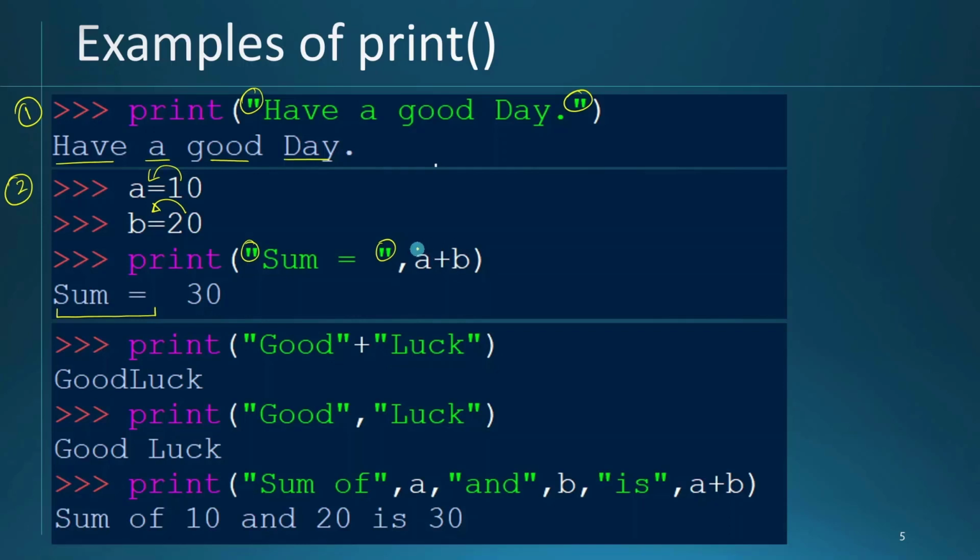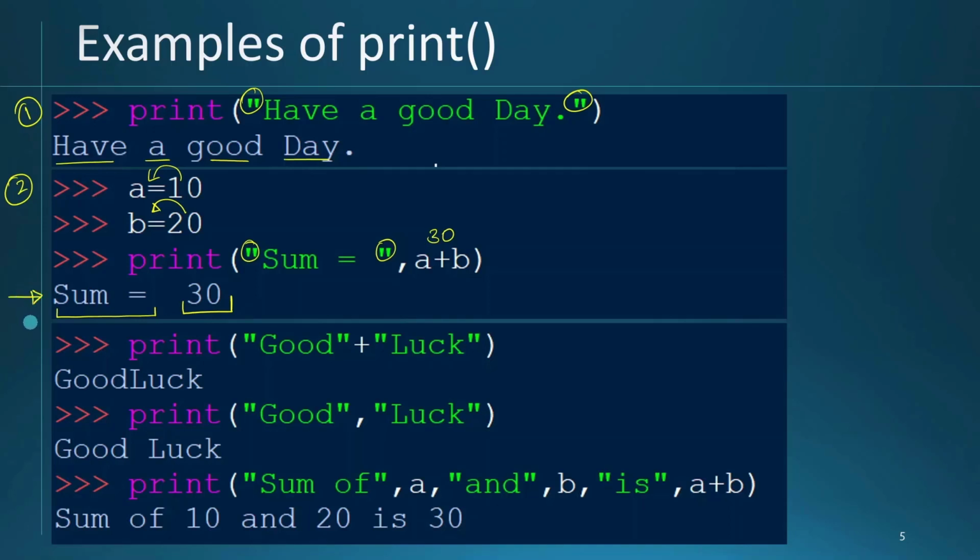If you write something without giving the quotes, then print will actually print the value of those variables. So here you know that the value of a is 10 and value of b is 20. Before the actual printing happens, I have to add them. So I will add 10 and 20. The result 30 will come over here, and after that print will output the value 30.